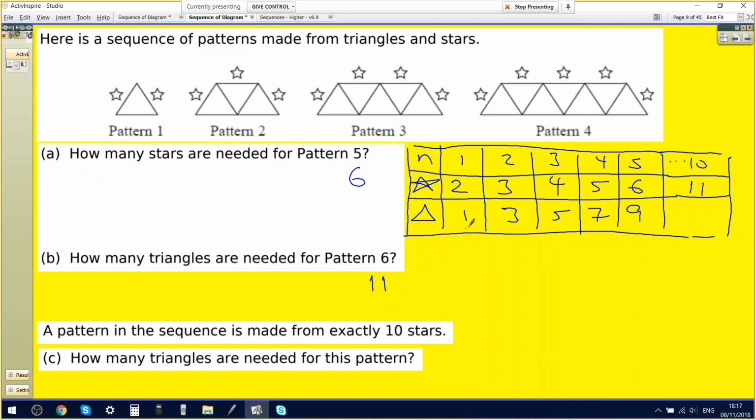So now we need to find a connection. Can we find a connection between the pattern number and the triangles? What would you have to do to the pattern number to get the number of triangles?